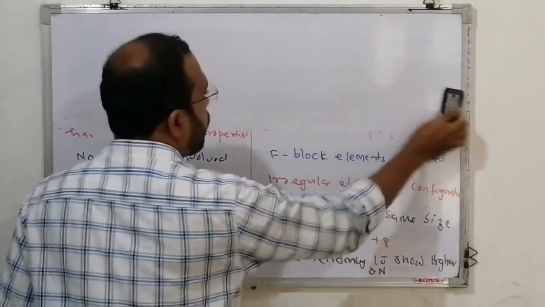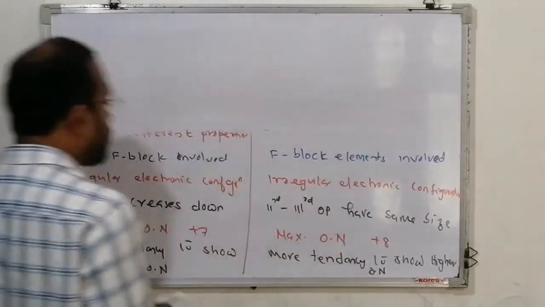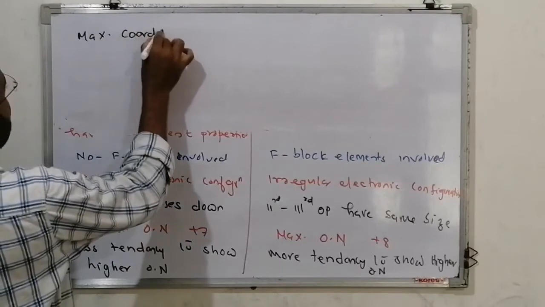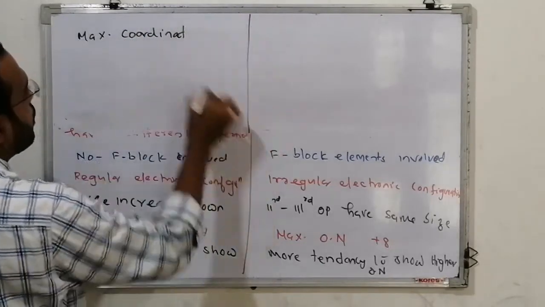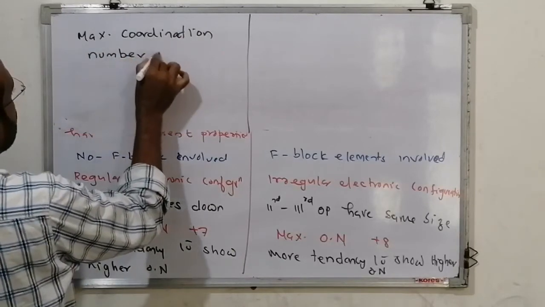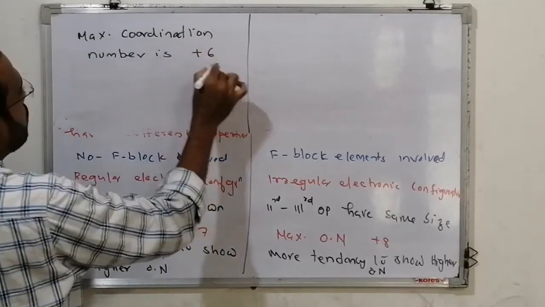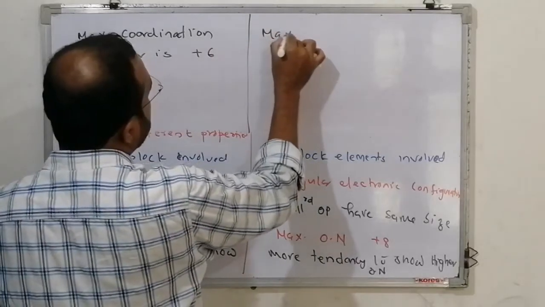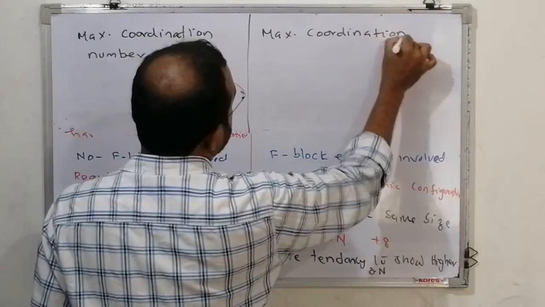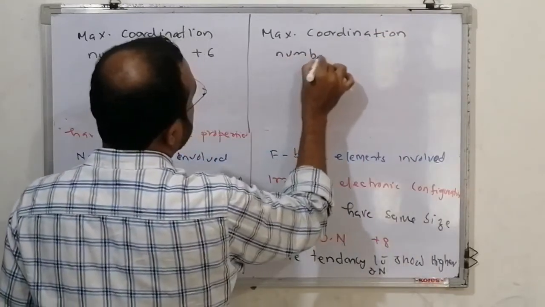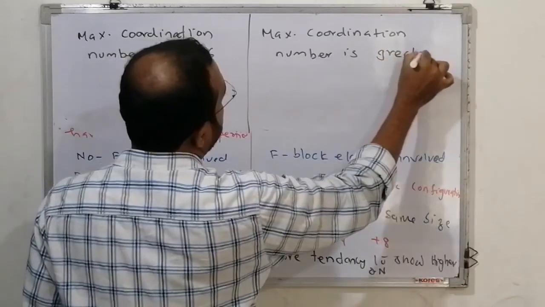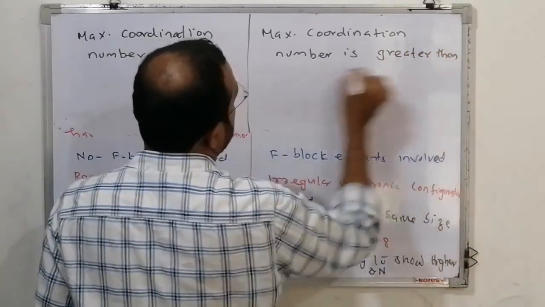Similarly, here the maximum coordination number is 6. Here the maximum coordination number is greater than 6.